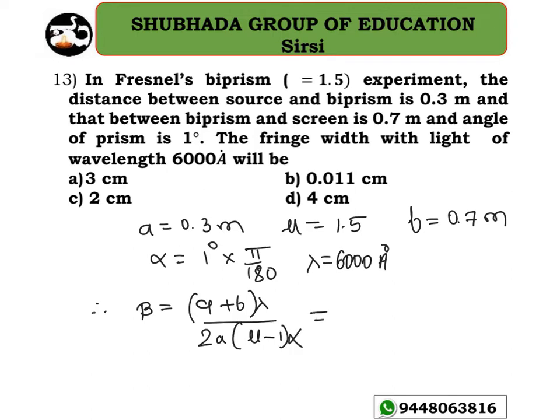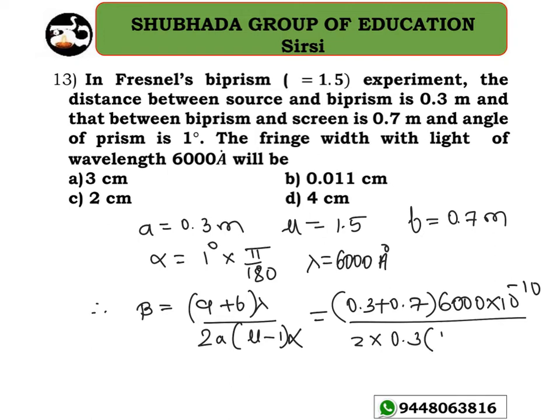Substituting, this is 0.3 plus 0.7 into lambda 6000 into 10 to the power of minus 10 divided by 2 times 0.3 into (1.5 minus 1) into alpha, which is pi by 180. If you simplify this, you will get 0.0114 centimeters. So option B is the right answer for this question. Moving to the next problem now.